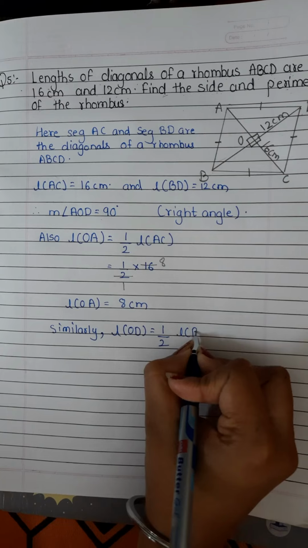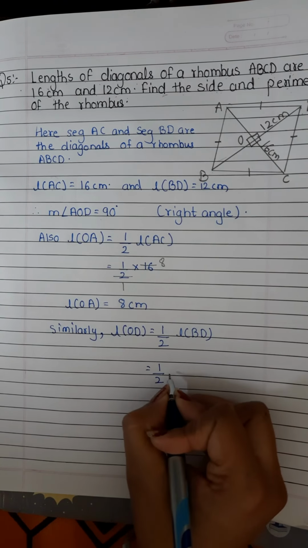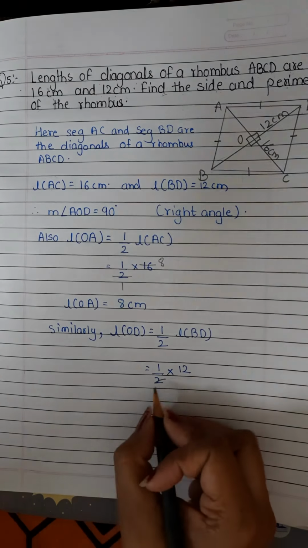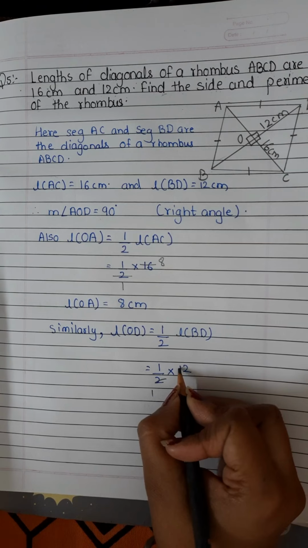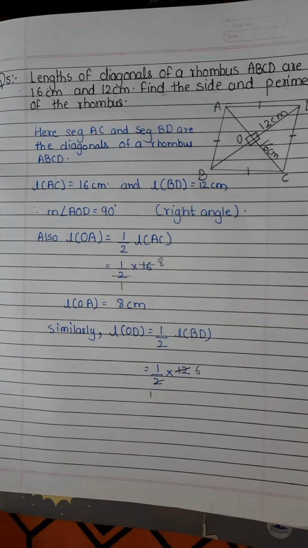So half of 12 is 6, that is, 2 ones are 2 and 2 sixes are 12. So length of OD is equal to 6 cm.